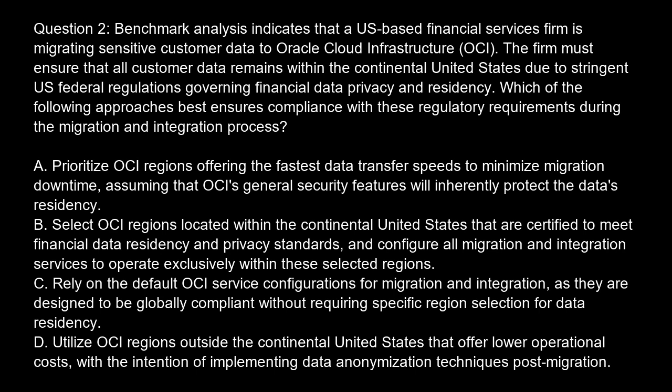Option C. Rely on the default OCI service configurations for migration and integration, as they are designed to be globally compliant without requiring specific region selection for data residency. Option D. Utilize OCI regions outside the continental United States that offer lower operational costs, with the intention of implementing data anonymization techniques post-migration.